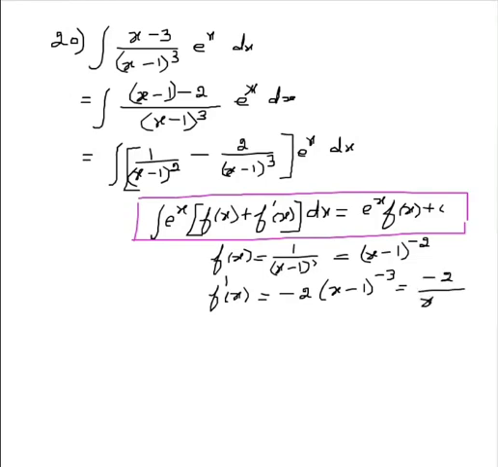We get minus 2 divided by x minus 1 the whole cube. The same function is there. This is f and this is f dash, and we have e power x. Therefore, the answer becomes e power x into f of x. Here f of x is 1 divided by x minus 1 the whole square, and plus c.